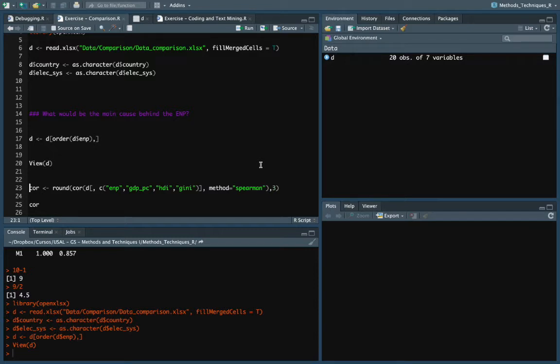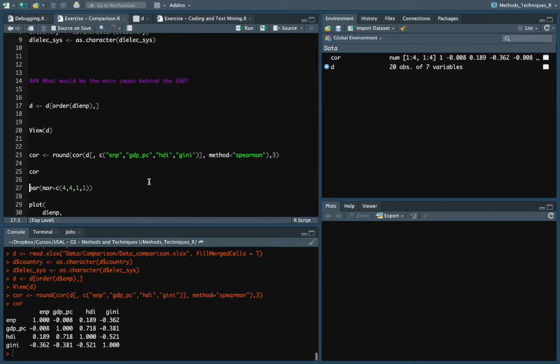So I'm just asking here the correlations between the effective number of parties and the other three variables that are quantitative: GDP per capita, HDI, Human Development Indicator, and the Gini coefficient of inequality.